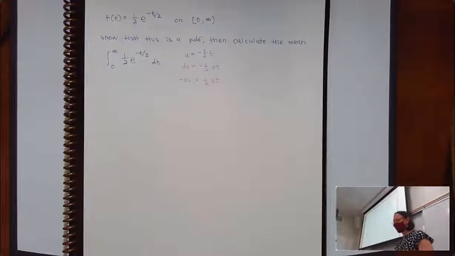e to a negative goes to 0, right? Yes, e to the negative infinity goes to 0. But e to the 0 does not go to 0, which is what I think is going to save us. I think it's going to work.